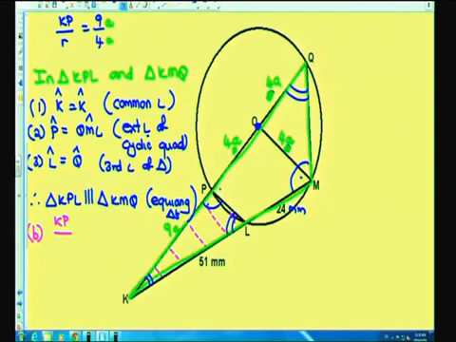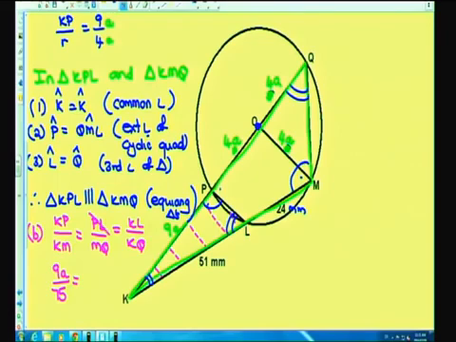KP, the first two, over the first two KM, equals PL, the last two, over the last two MQ, the first and last over the first and last. Okay, so if I look at this, KP is 9a. KM is 24 plus 51, so it's 75.